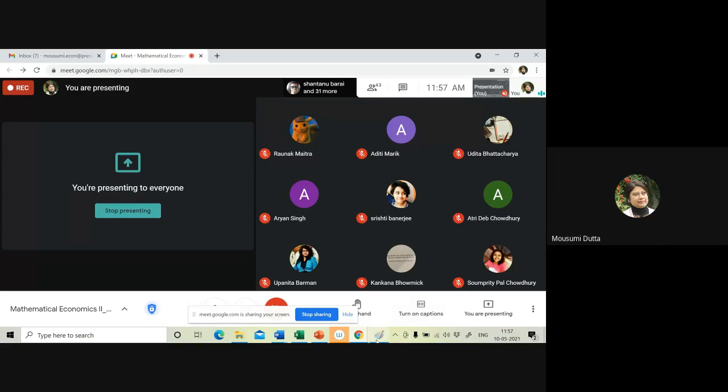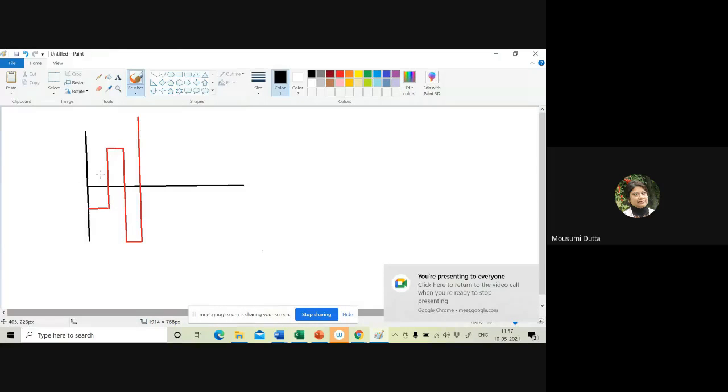So if you find the initial value is below the equilibrium, in that case it will happen. If you find that the initial value is above the equilibrium, in that case your starting point will be maybe from this position. So whatever be the value, you have to look at it and accordingly you have to draw the time path. That's all.